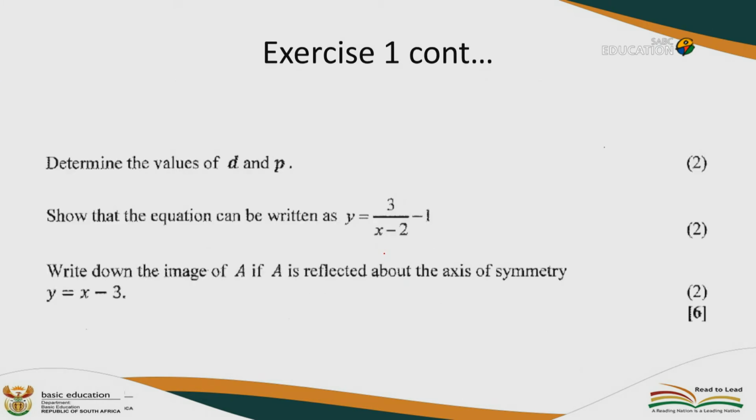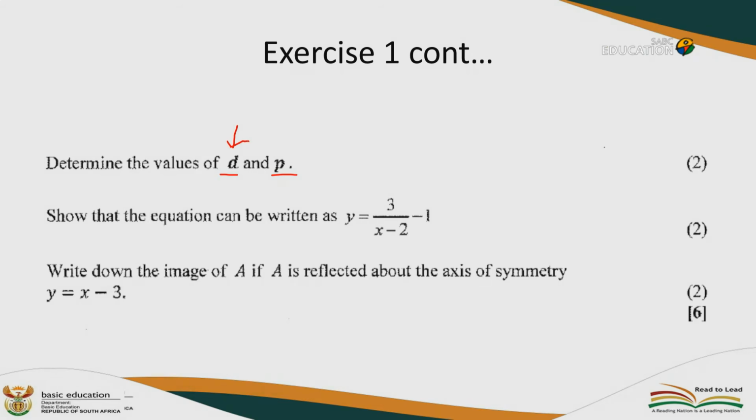Now let us look at the question. In the first question, they want us to determine the values of p and d. We can already determine the value of p, and using the other point that is on the graph, we can get the value of d.